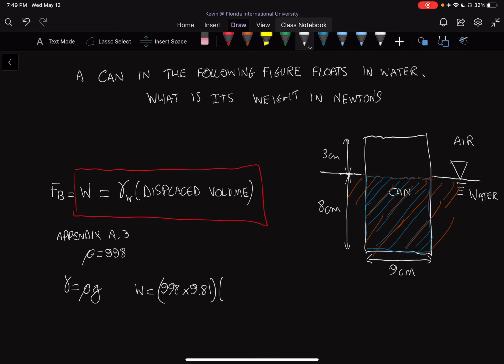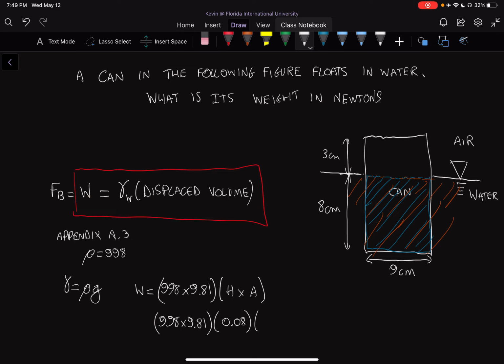So what's the displaced volume of the can? Well, we can write it as height h multiplied by the cross-sectional area. So the height of the can is going to be 8 centimeters, so that's pretty easy, 0.08. So 998 times 9.81 multiplied by 0.08, and then multiplied by the area.